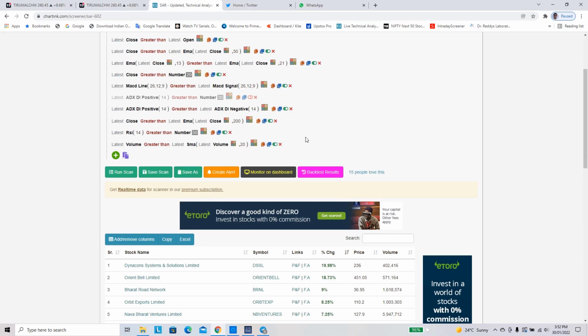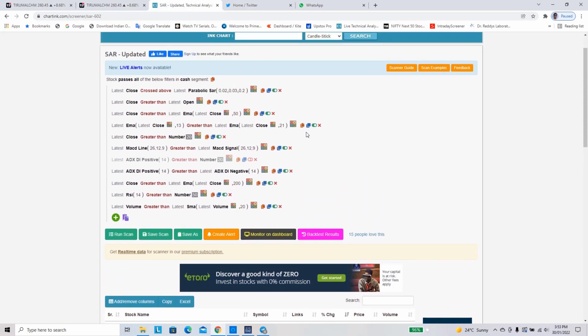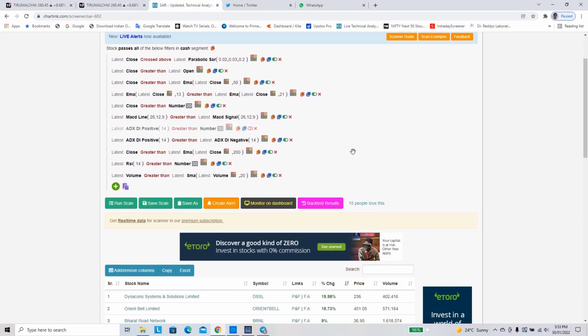If somebody wants to wait for all those parameters to be met and then take a buy signal, usually by that time the stock has already run up maybe 5-10%. So I don't wait for that, because for me the parabolic SAR and this crossover have given a good reason to take my tracking position, and that tracking position I always take in a very small size, so that in case any problem happens and the stock reverses, I can get out with the minimum loss.